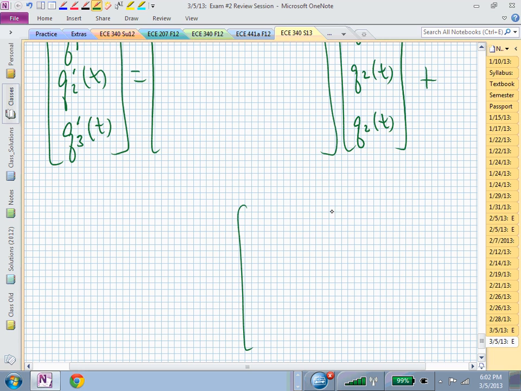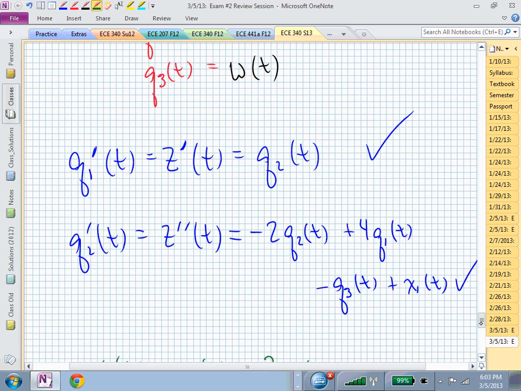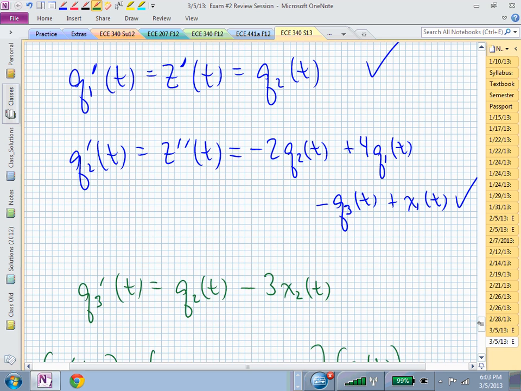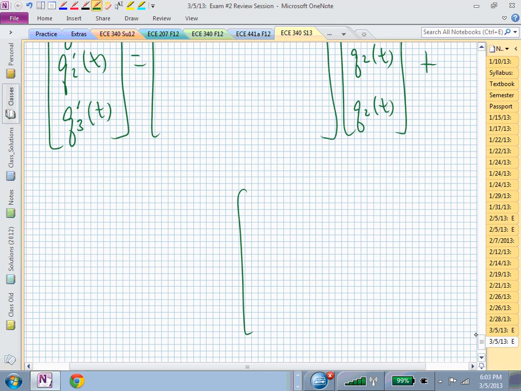How tall is the B matrix? How many rows is the B matrix? It has to be 3, right? And then how many inputs did I have? How many x's did I have? I had 2, so it has to be 2 columns wide. B is now 3 by 2.